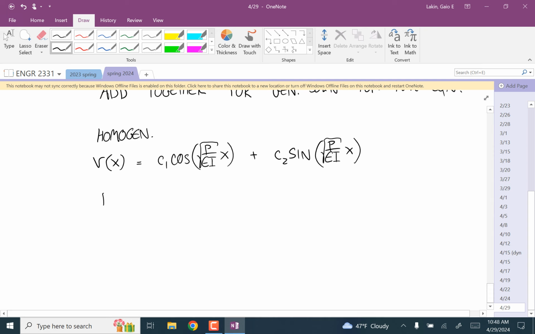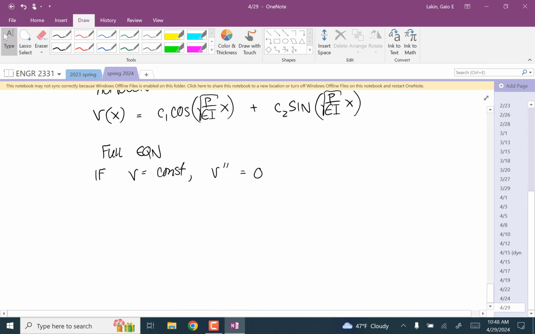But now for the full equation, notice that if v is a constant, then v double prime is 0. So we're going to assume that v is a constant, and the full equation says v double prime plus P over EI times v is equal to negative M sub 0 over EI.